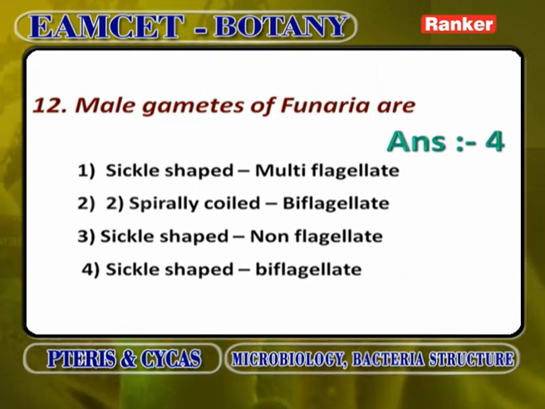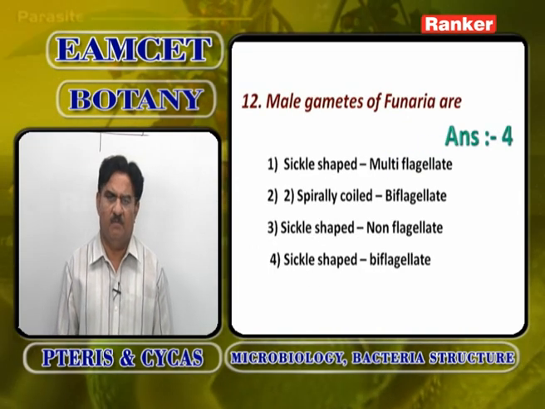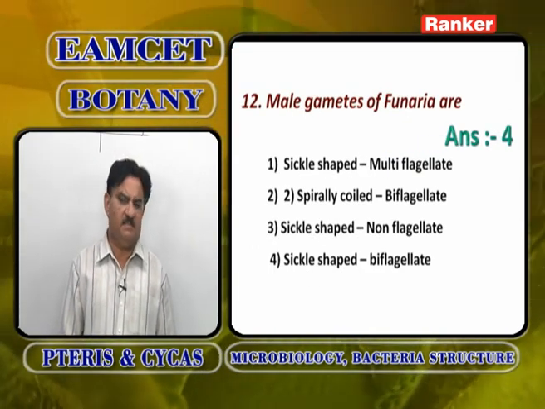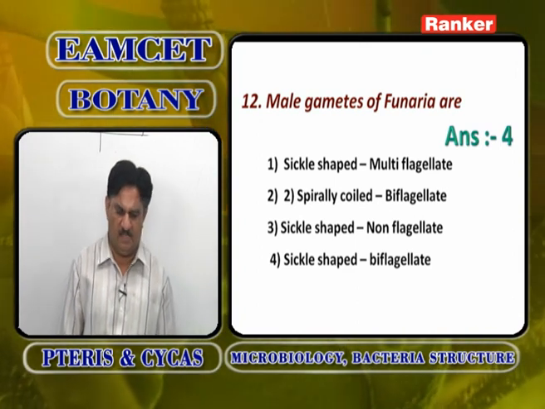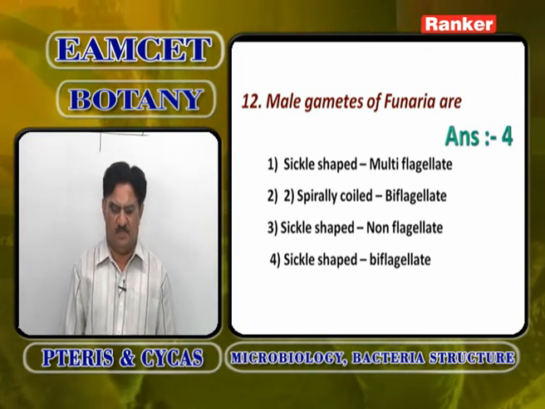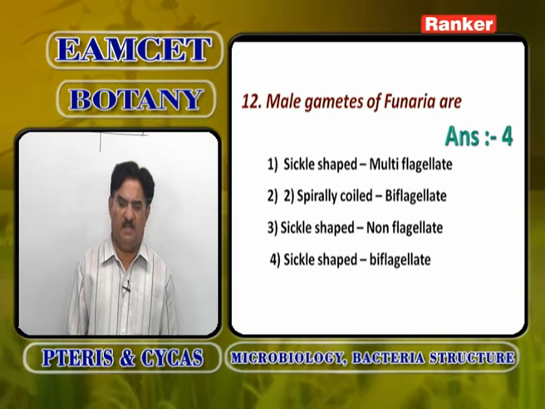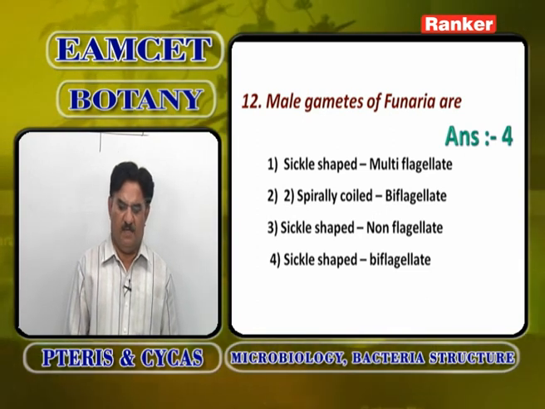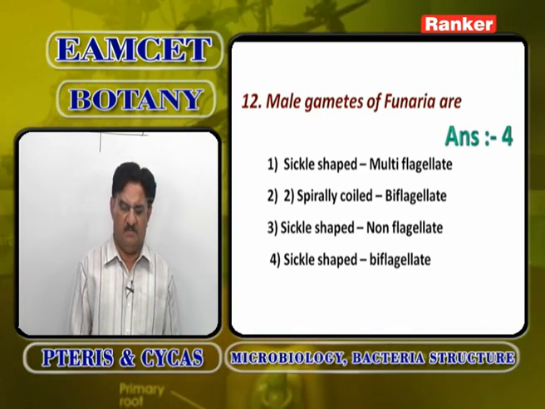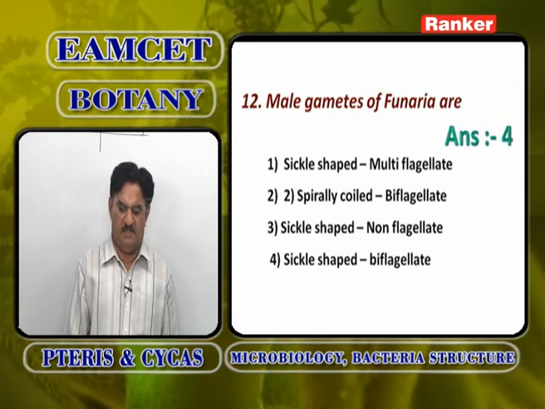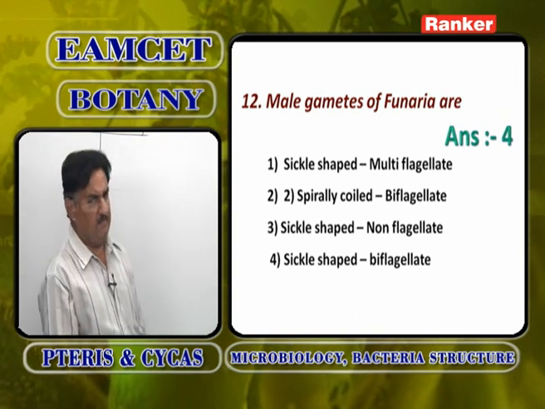Male gametophytes of Funaria are. Male gametophyte means antherozoids. They come from the antheridium. From androgonial cells to androcyte mother cells, from androcyte mother cells to androcytes, and androcytes become antherozoids. Sickle-shaped multiflagellate is wrong. Two spirally coiled biflagellate is wrong. Sickle-shaped non-flagellate is wrong. Sickle-shaped biflagellate is correct.